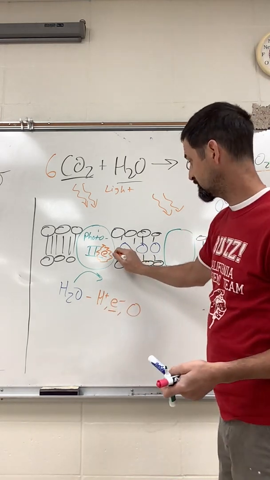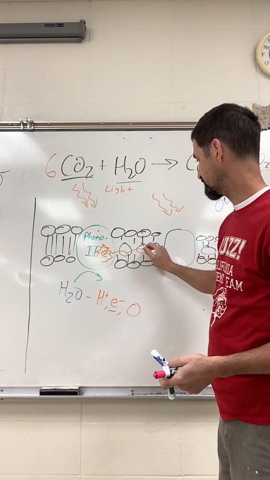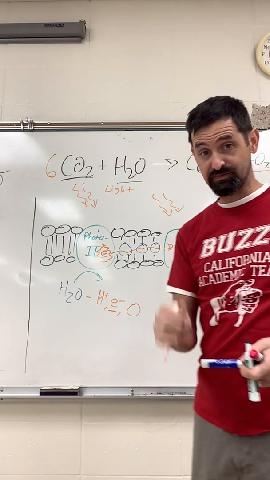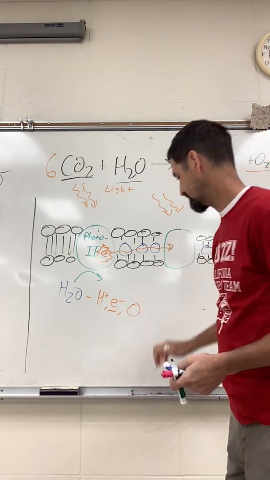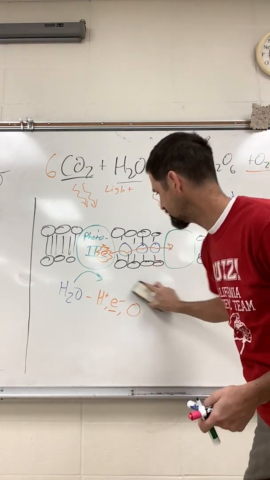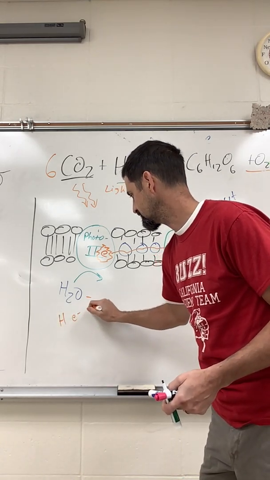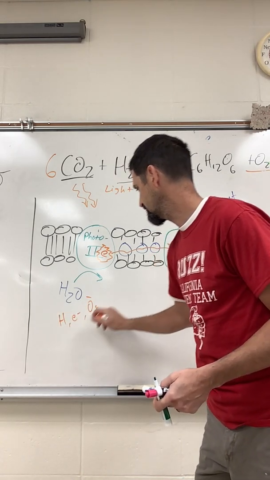It then moves through a series of proteins embedded in the membrane called an electron transport chain. So I'm going to move this right here. So I'm going to put my water and put my hydrogen and my electron and my O2 here.